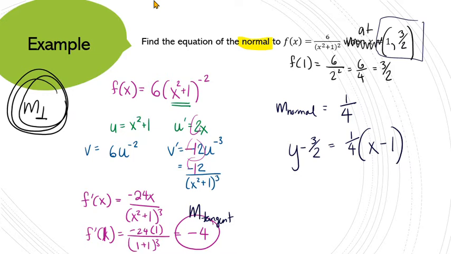If you prefer y equals mx plus b slope intercept form, we can distribute the 1/4. Also, we move over the 3 over 2, and we finish with y equals 1/4 x plus 1/2.